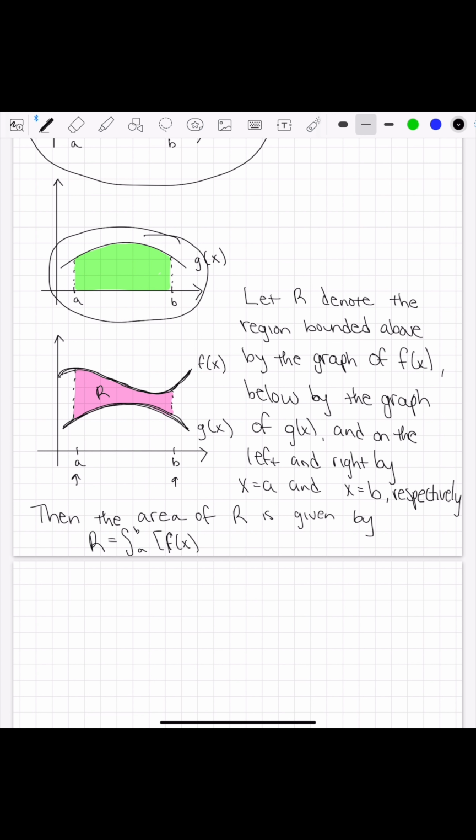Remember, if we have subtraction of two functions, we can do it together as one integral, or separately. So these are equivalent.